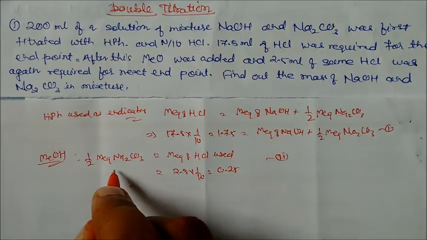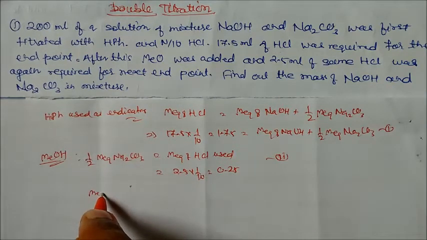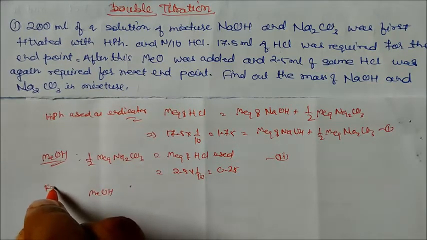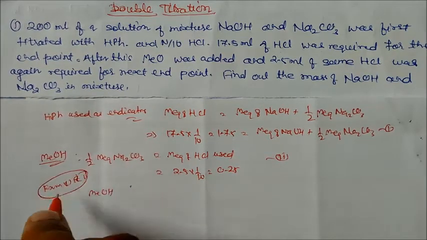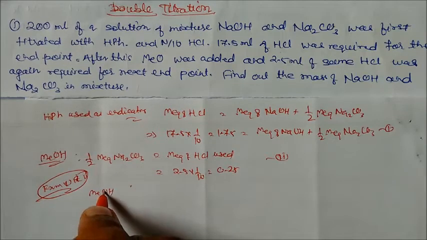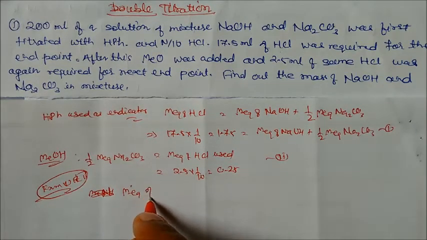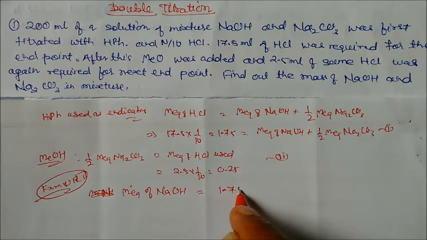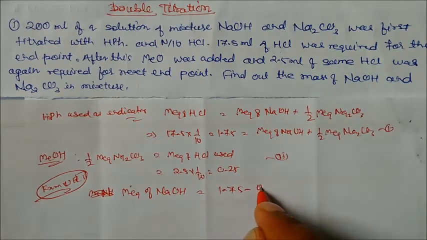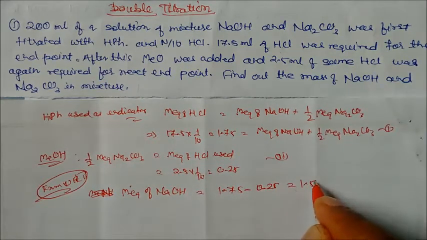So here we know the milliequivalent of sodium carbonate, so milliequivalent of sodium hydroxide will be how much? From 1 and 2 we can write milliequivalent of sodium hydroxide will be 1.75 minus 0.25, so this will be equal to 1.5.